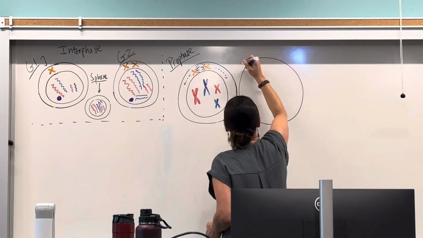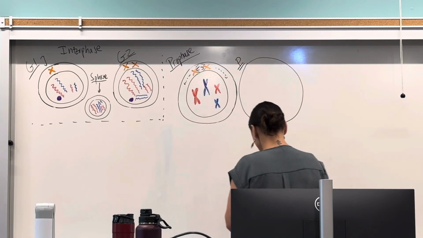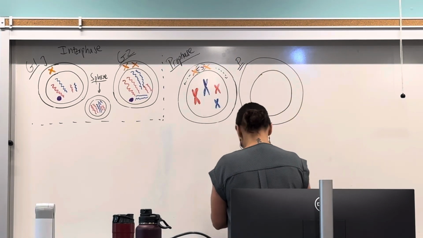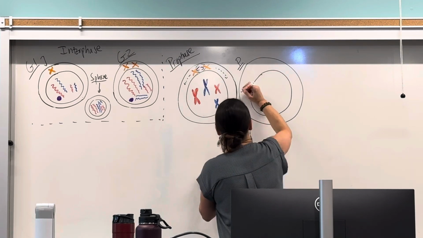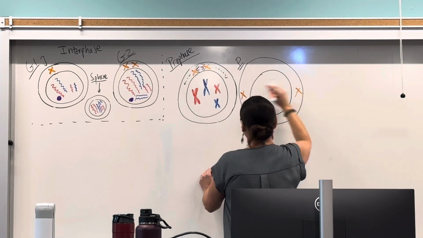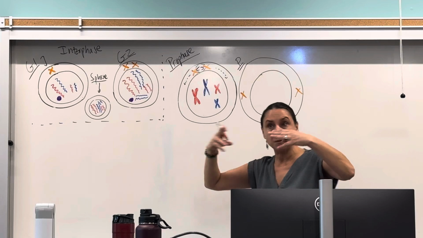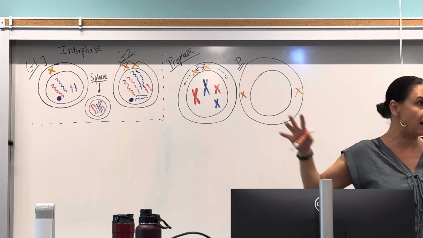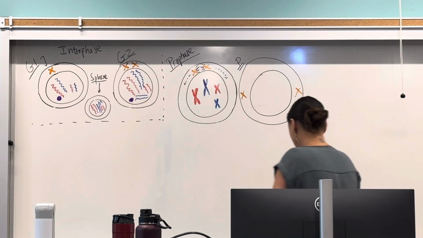This is still prophase. At this point, I'm going to draw the centrioles on opposite poles of the cell, like here and here, because the mitotic spindle fibers growing out of the centrioles push the two centriole pairs apart from one another.